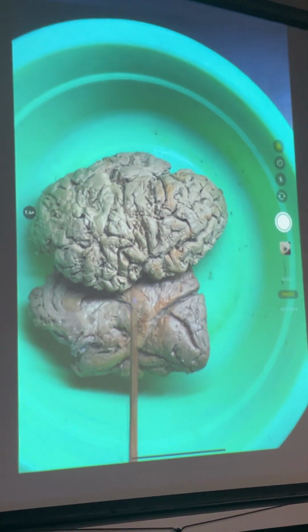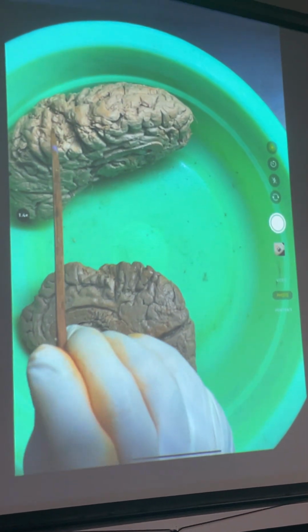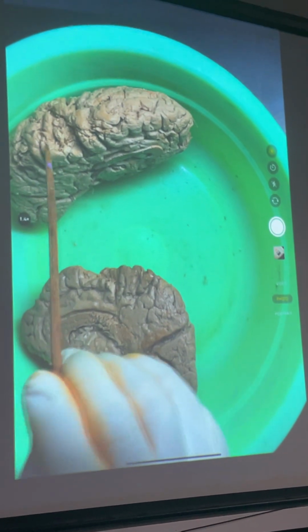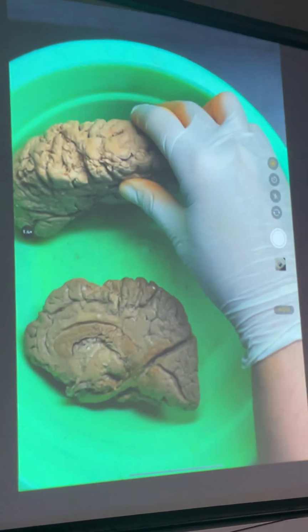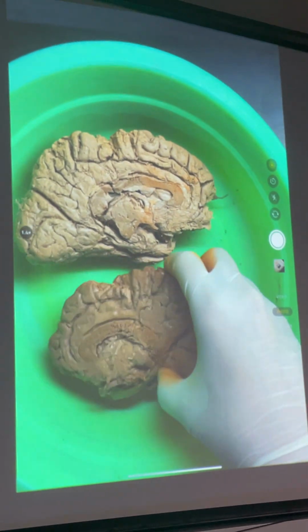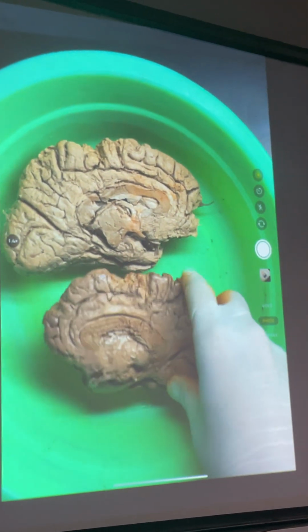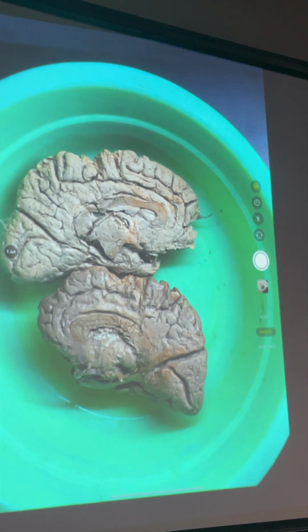And if you take a look at this specimen on the medial side, it has this. Now, do you see it? Did you see it?